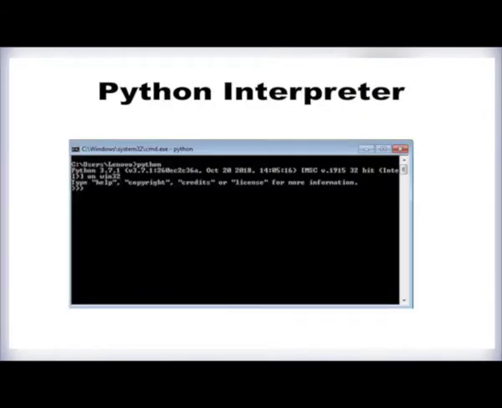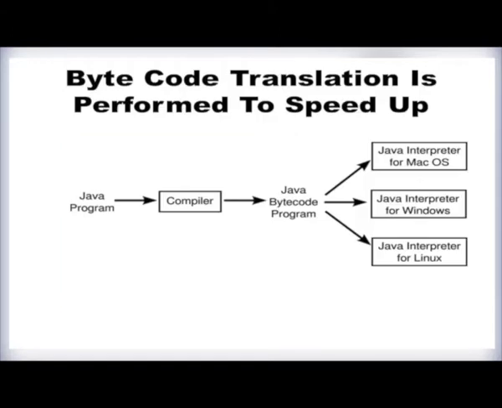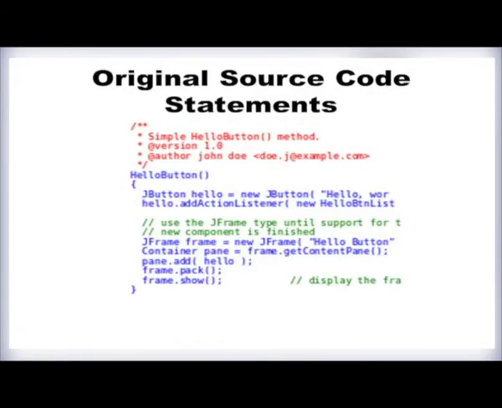Actually, Python translates each statement of the source code into bytecode instructions by decomposing them into individual steps. The bytecode translation is performed to speed up the execution. Bytecode can be run much more quickly than the original source code statements.